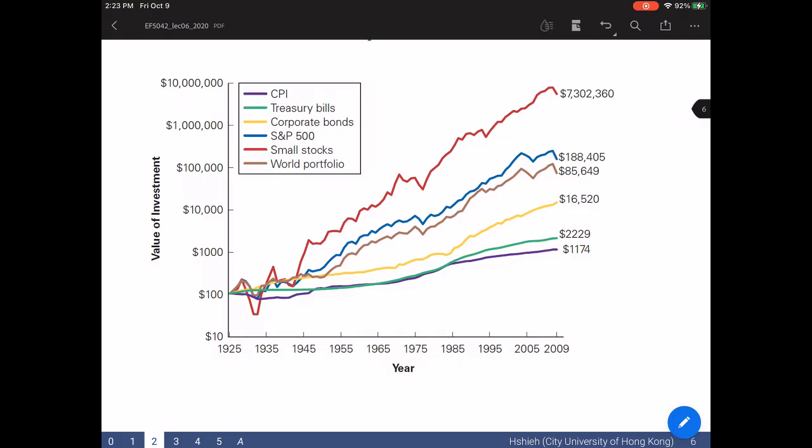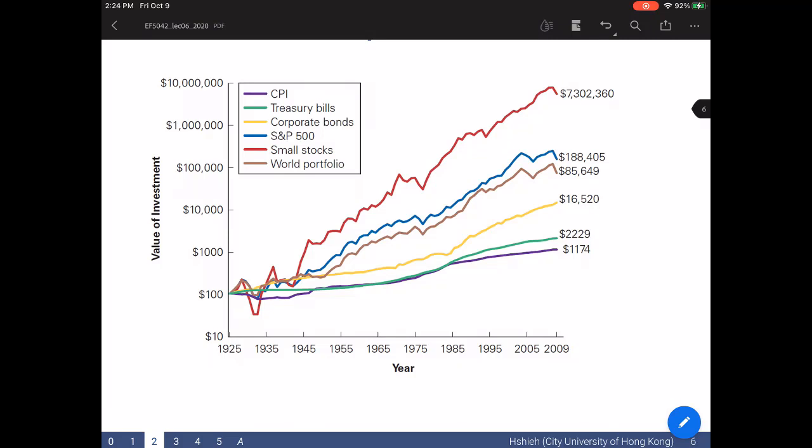The green line represents the returns for treasury bills or the short-term risk-free rate. The yellow line is corporate bonds, so those are fixed returns, but they're risky because it's supposed to capture the likelihood of firms defaulting. S&P 500 is the top 500 assets or stocks being traded in the US, and this is capturing the market return in the US for US companies.